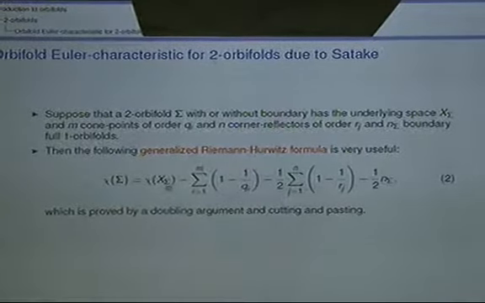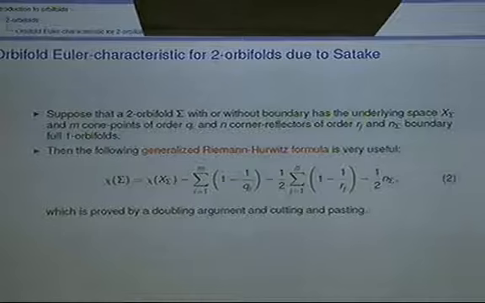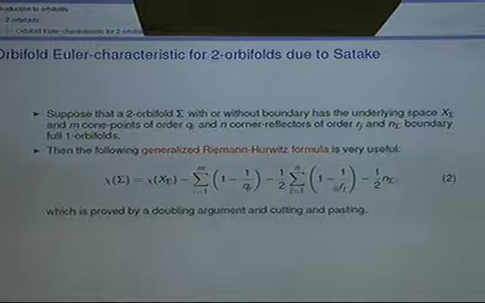So the Riemann-Hurwitz formula is that you can compute it by just looking at the underlying space, the number of cone points and corner reflectors, and then you count the number of boundary one-orbifolds. This formula was discovered quite a long time ago; it's actually a Riemann-Roch type formula. And again, you can prove it by just cutting and pasting.